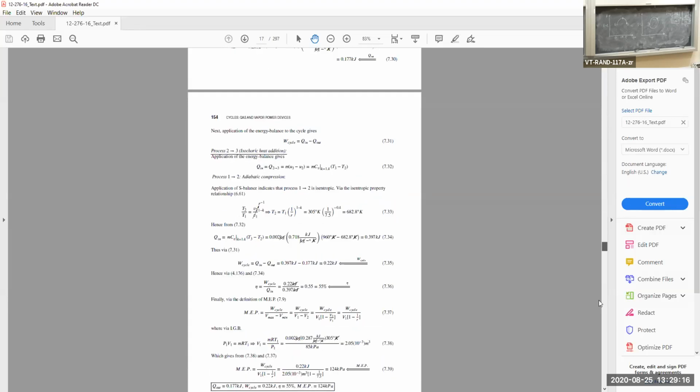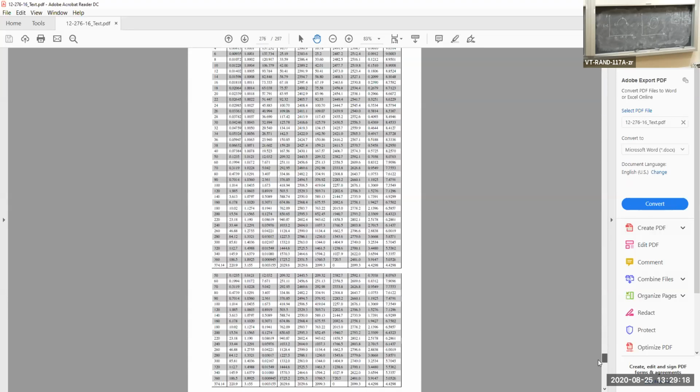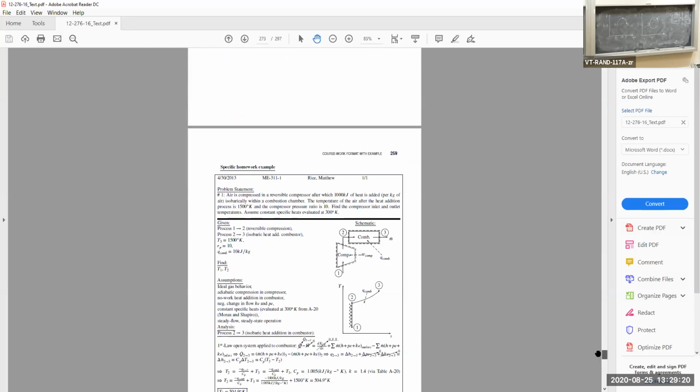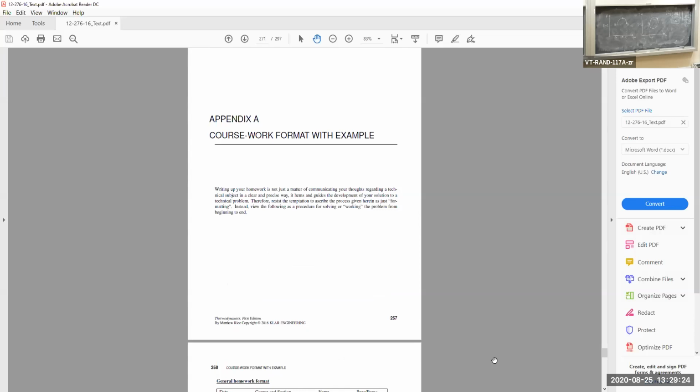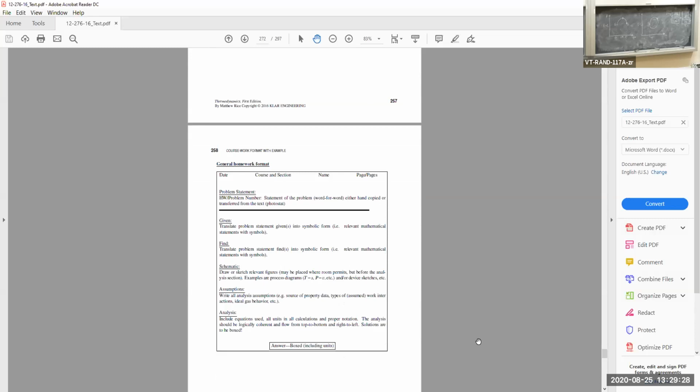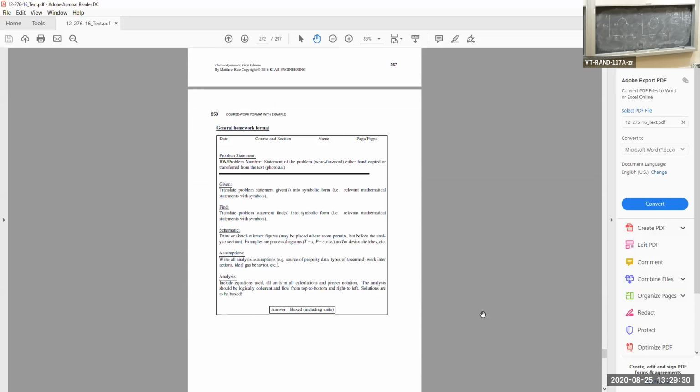If you go to nearly the end of the notes, you'll see a section on Appendix A, coursework format with example. So let's go over how the coursework or the homework is supposed to be done. You should have your green engineering paper, put your date, the course, your name, and the page number.